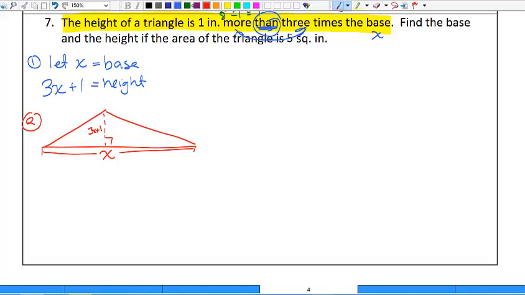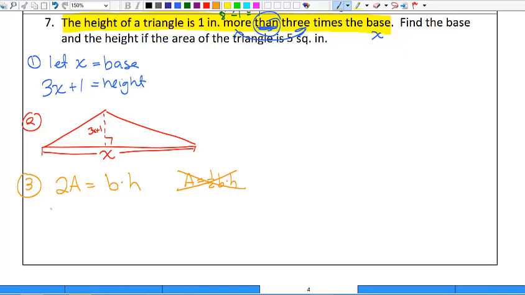Step 3 says to write your equation. Well, in order to write an equation with areas, I need to have an area formula. As stated above, I'm going to use 2 times the area equals base times height instead of area equals 1/2 base times height. I could have used either one, but I prefer the first one because this one has fractions and nobody likes fractions.